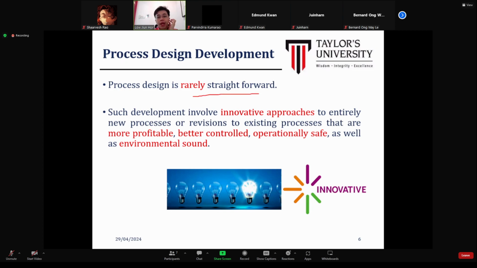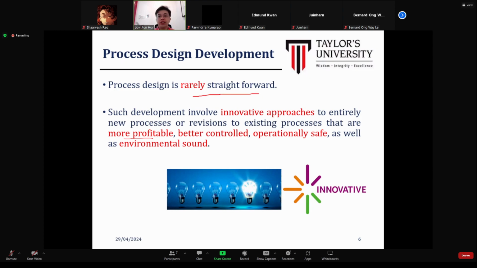Either you come up with a totally new design or you modify the existing chemical plant, no matter which method you apply, you need to always bear in mind that the chemical plant design you come out with at the end must make profit, because the reason why we want to construct and set up a chemical plant is money.